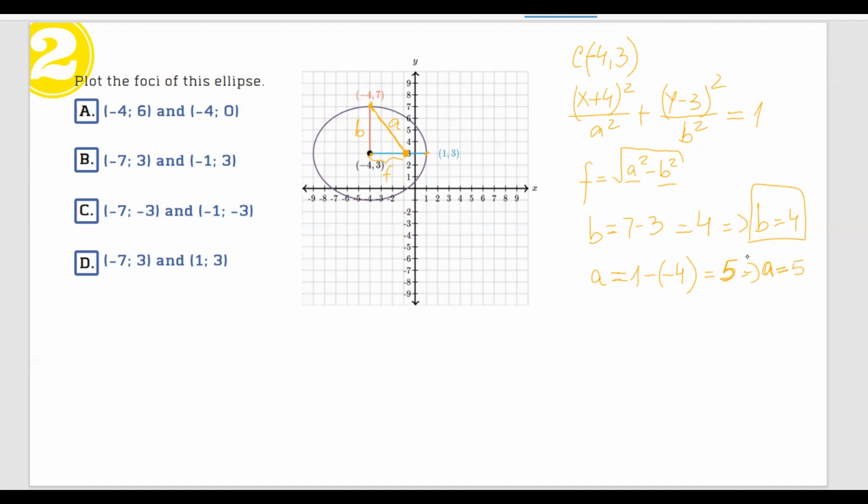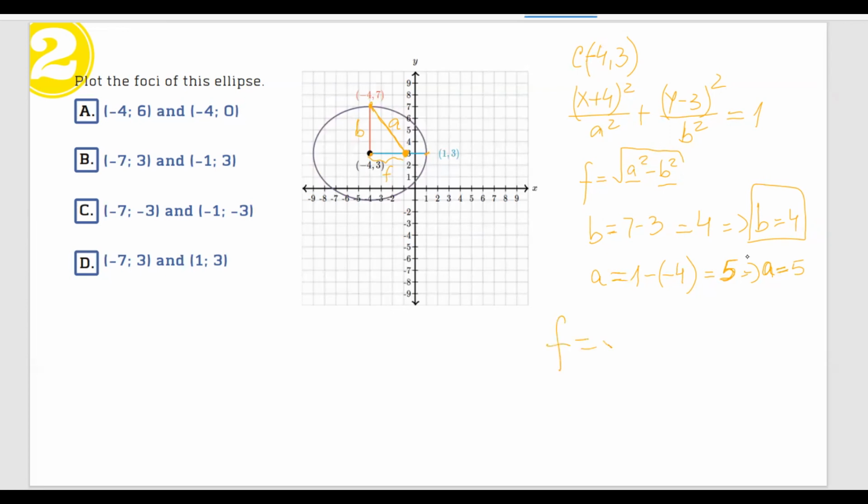In case you're wondering, why did I do 7 minus 3, which gives me a positive number? Why didn't I do 3 minus 7, which would give me -4? We know that a distance is always a positive number. So even if you get a negative number, the distance is always positive. So now we have B and A. We can calculate the focal distance.